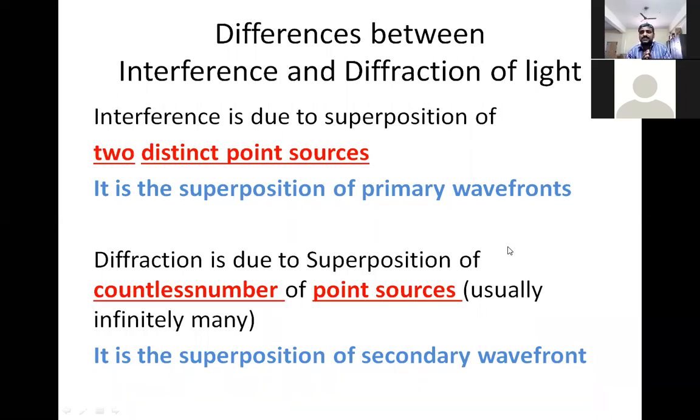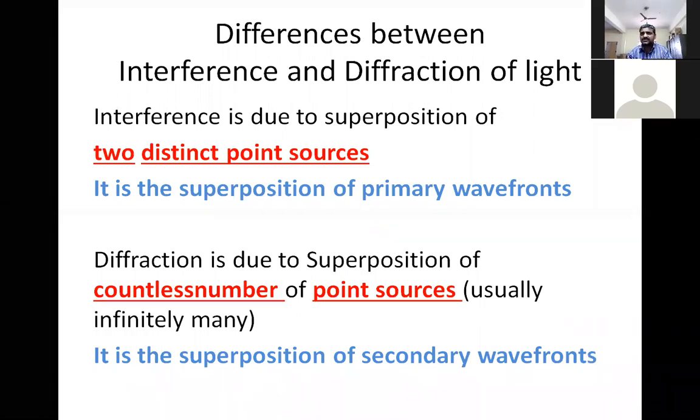In the whole discussion, I just took only 2 rays. In most of the cases, it is 2 only. So interference can be broadly classified in layman terminology as 2 distinct point sources interfering with each other or superposing with each other.